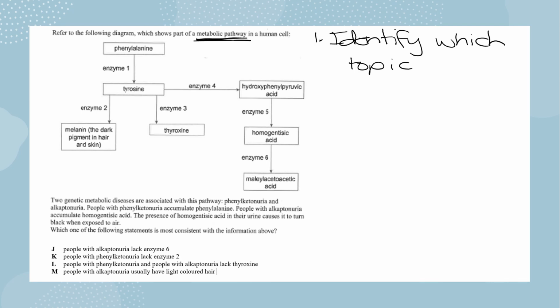However, without that, you should still be able to identify that because look, it's a multi-step pathway using different enzymes for each reaction. So it's either breaking these down to get the new product or it's building them up. Okay, so even without that metabolic pathway at the top, I would hope that we would be able to figure out what this is asking us.